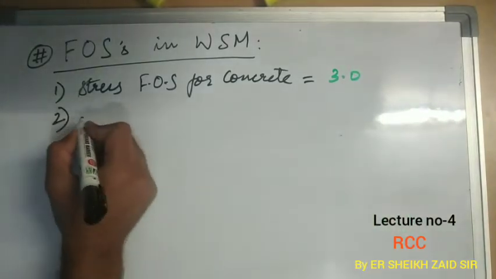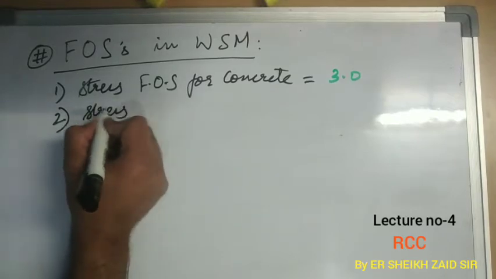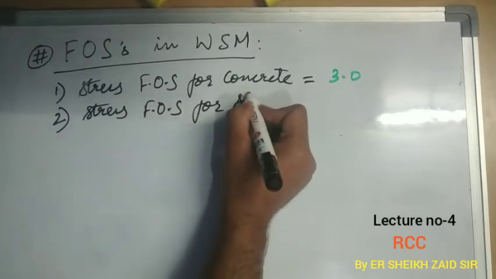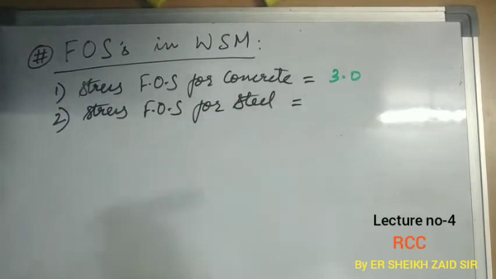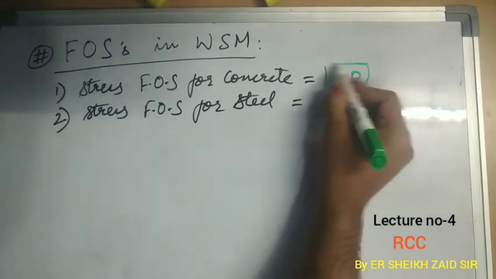Second is stress factor of safety for steel, which in case of WSM is taken as 1.8. These values need to be remembered.